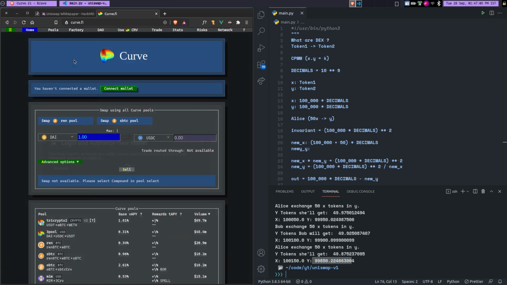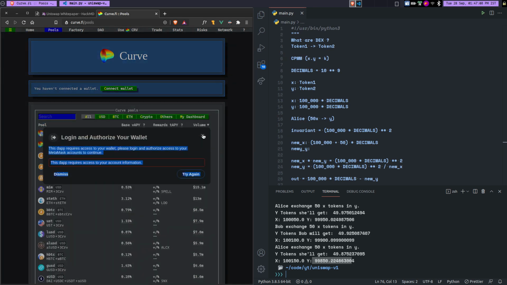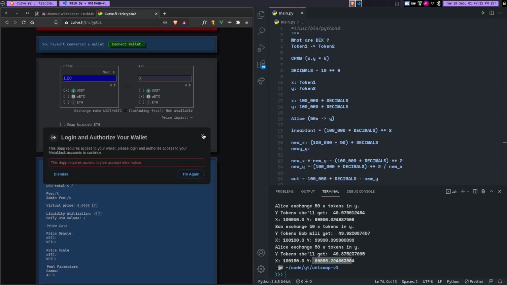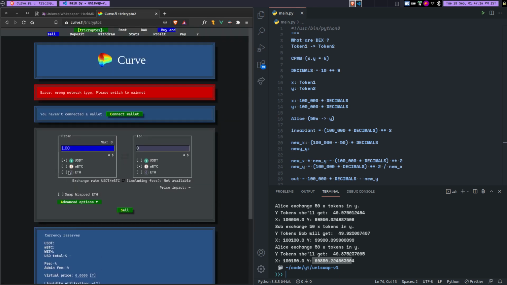If you go to the pools, you can see a specific pool contains these 3 tokens and you can exchange any one of these, which gives much better results. Curve Finance also uses another algorithm which combines the constant product and constant sum. I don't want to go too deep into it, but if you want to know more about Curve, let me know and I will make a video on it.